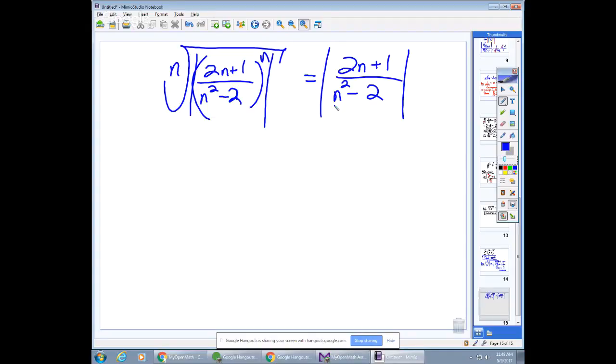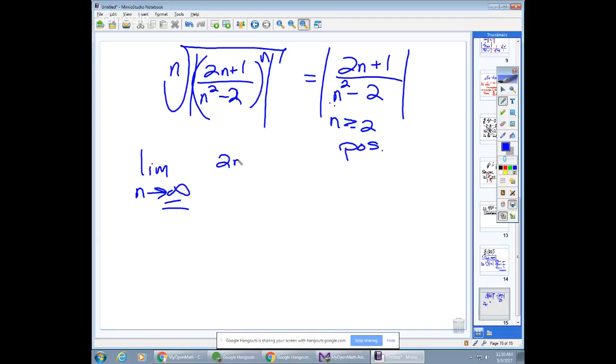Now, I don't really care about the first few terms, because I'm really looking at big n's. As long as later on it stops being negative, I'm okay. Would you agree if n is greater than or equal to 2, then this is going to be positive, right? Because then n squared is bigger than 2, and I don't have a problem anymore. So I'm okay to ditch the absolute value because I'm looking at big n's.